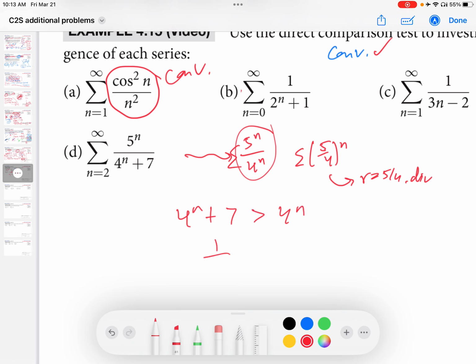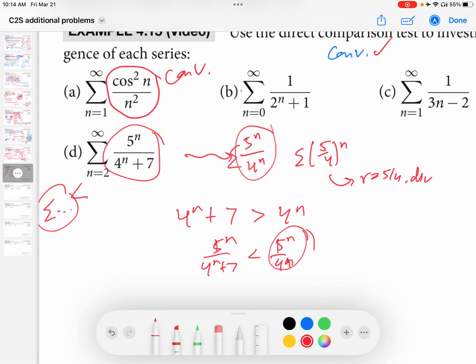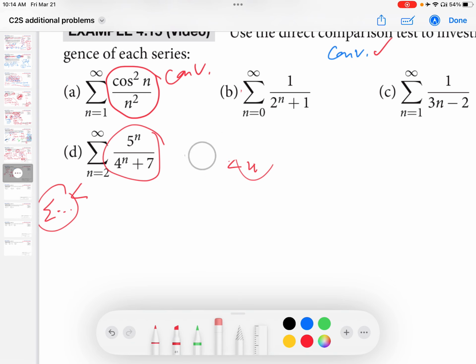And if you then took reciprocals and multiplied by 5 to the n, this isn't really going to help you, because if we want to show this series converges, we have to find a smaller series over here that we know converges. Over here we have found a larger series. So this is not going to work so easily as just dropping the 7.